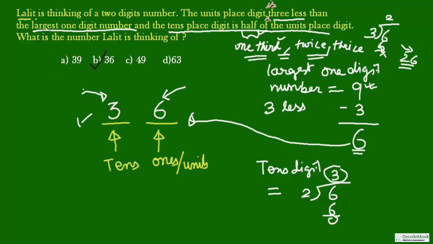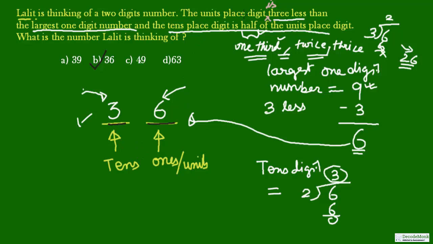So to answer such verbose questions where there are many lines, the trick is to go line by line and draw a picture of what is being told in each of the lines. Lalit is thinking of a two digit number. The first thing that should come to your mind is that the number will have two places, ones place and tens place.